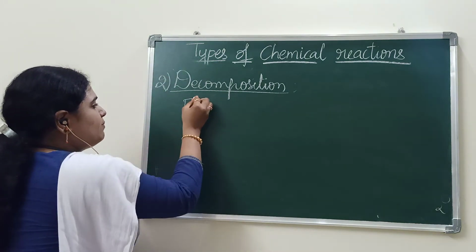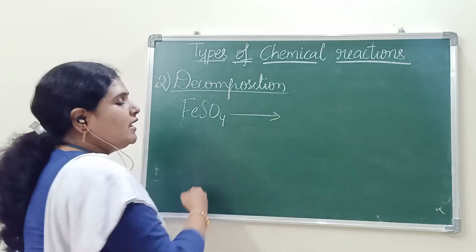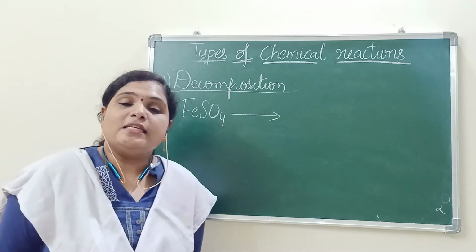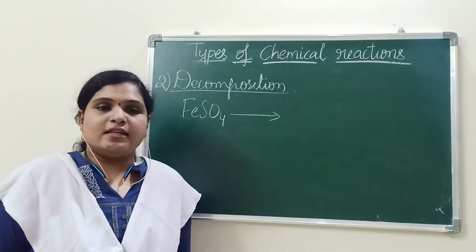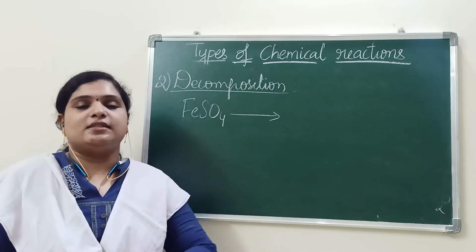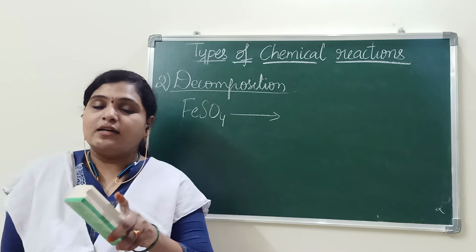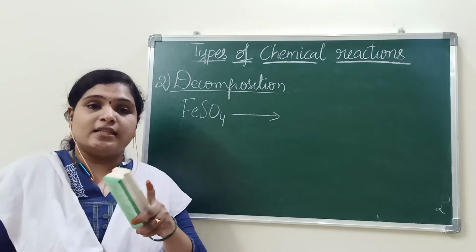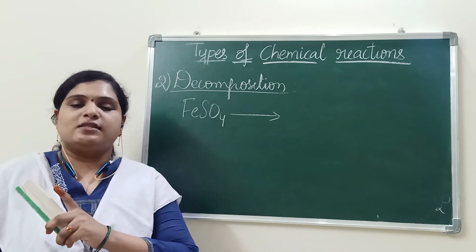The first example for this is ferrous sulfate. Actually, ferrous sulfate is in the hydrated form. Whenever we take that ferrous sulfate in a test tube and heat it, the water molecules which are there will be removed first.